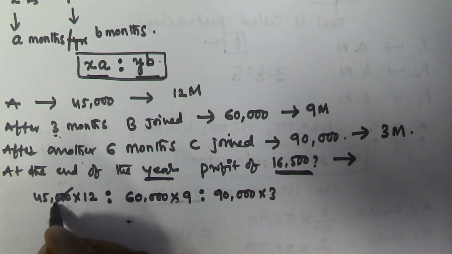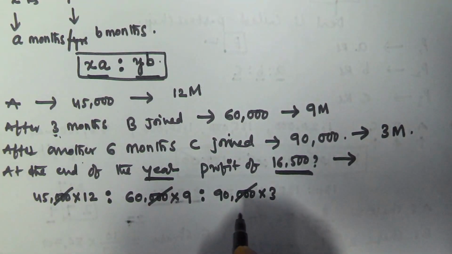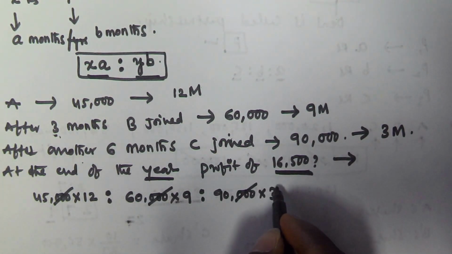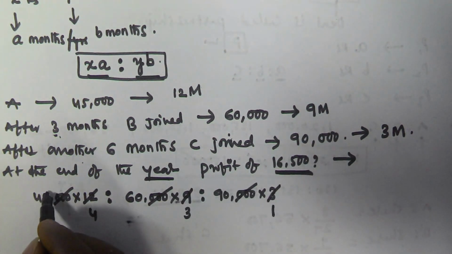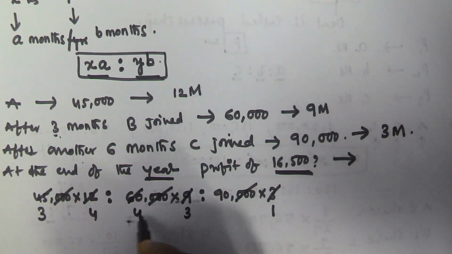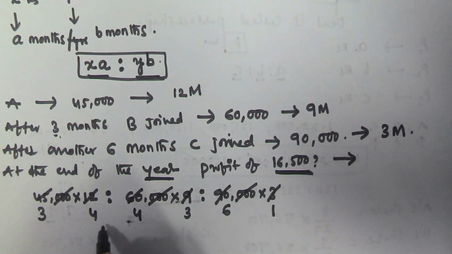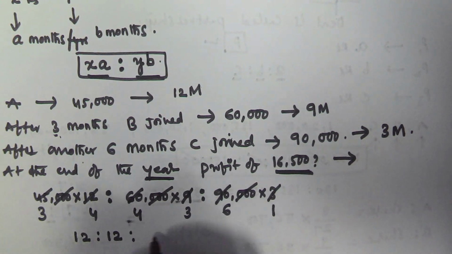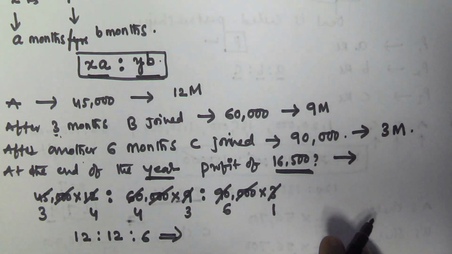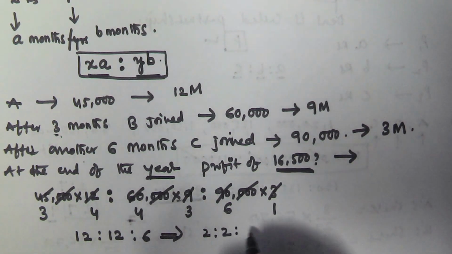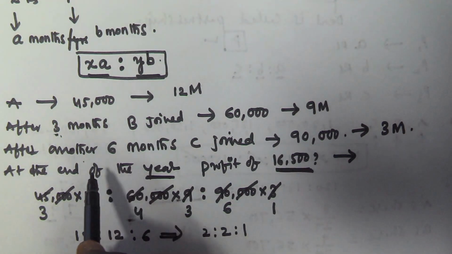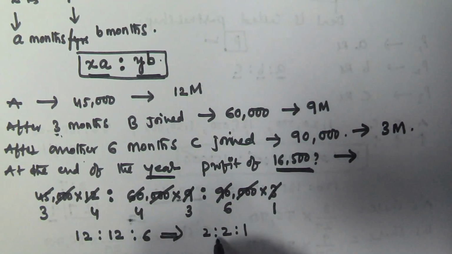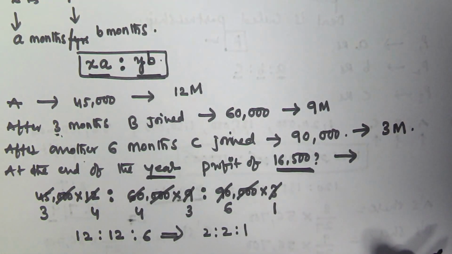Removing the three zeros and simplifying, this ratio is equivalent to 2 : 2 : 1. So the profit 16,500 must be shared between A, B and C in the ratio 2 : 2 : 1.